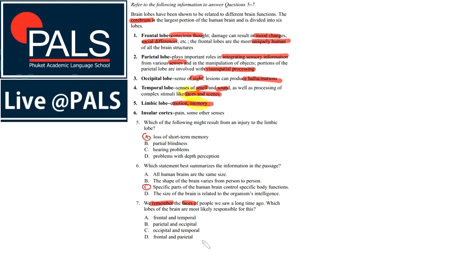Frontal and parietal, probably not. Occipital, sense of sight, can produce hallucinations. Frontal, conscious thought. Parietal.